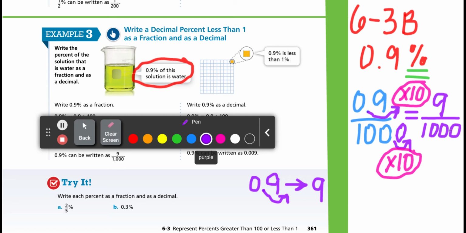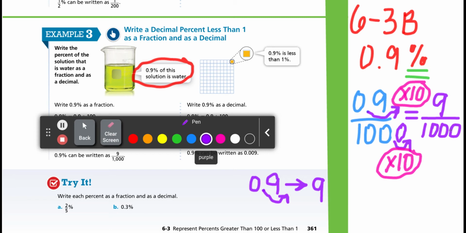So 0.9% is the same thing as 0.9 over 100. Well, we can't leave that as a decimal in the numerator, so you move the decimal to the end of the number. In this case, we're going to be multiplying the top and the bottom times 10, and then our answer is 9 over 1,000. So now we had a percent, we had a fraction.